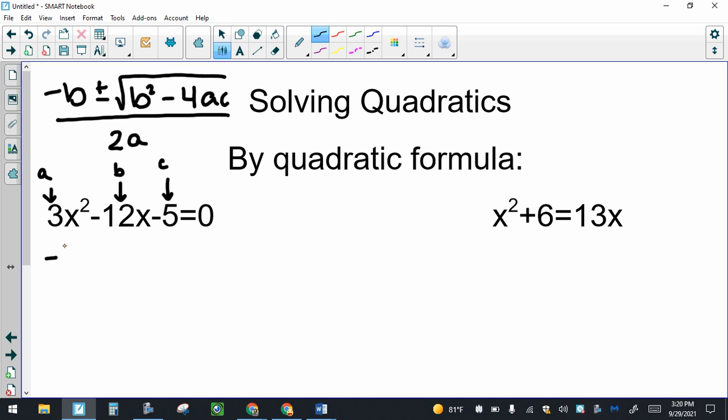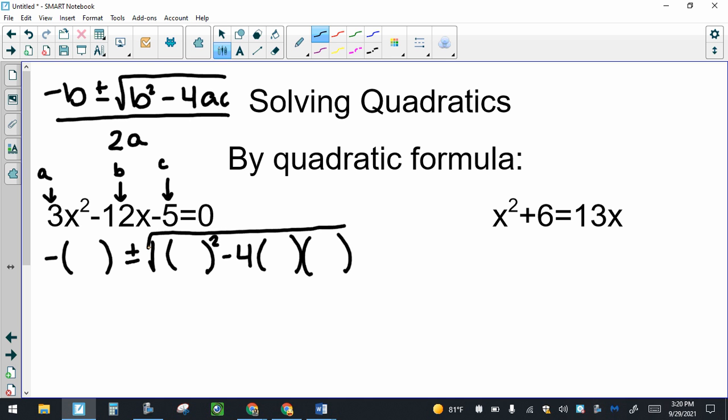So let me write up kind of the shell of it. Negative b plus or minus the square root of b squared minus 4ac over 2a. So I've just got all my little shells here, and it's just filling everything in.